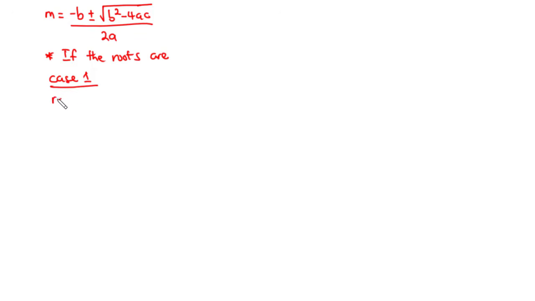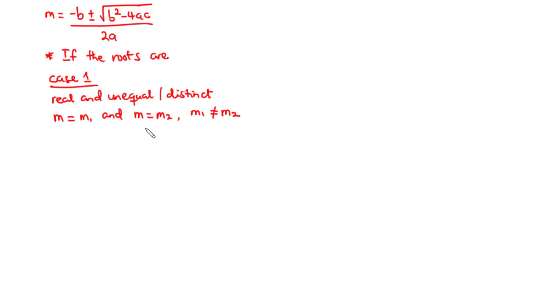If the roots are real and unequal, or better still, distinct, then we have m equal to m1, and m equal to m2, so that m1 is not equal to m2.